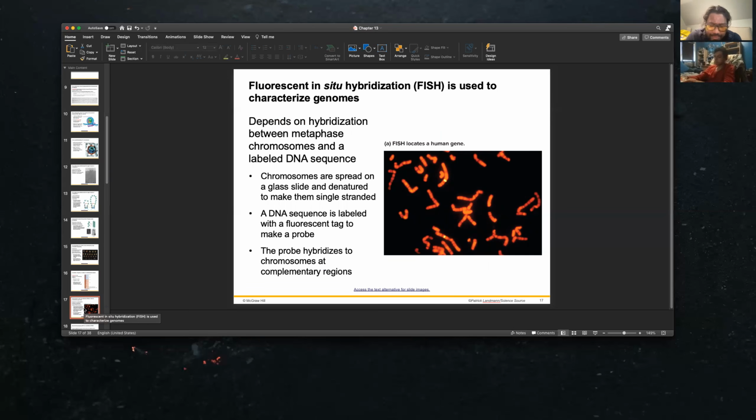Anytime you denature something, you're basically letting it break apart into smaller parts. DNA could be denatured into single strands. Chromosomes can be denatured into DNA. A tertiary structure of a protein could be denatured back into its secondary and primary structure.